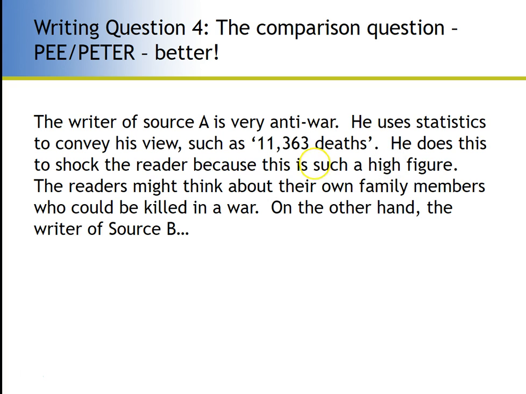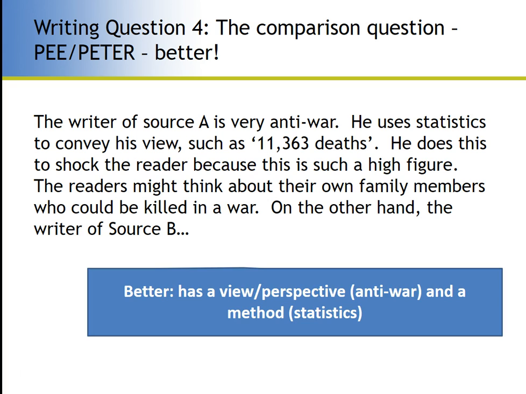It's important to note here towards the end of the paragraph that we have a use of a connective, on the other hand, which signals to the examiner that you're about to contrast both of those viewpoints.